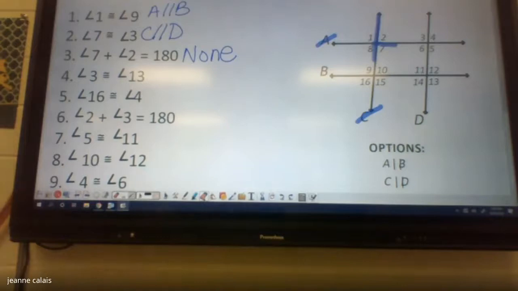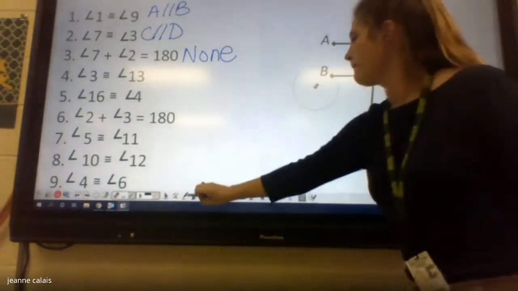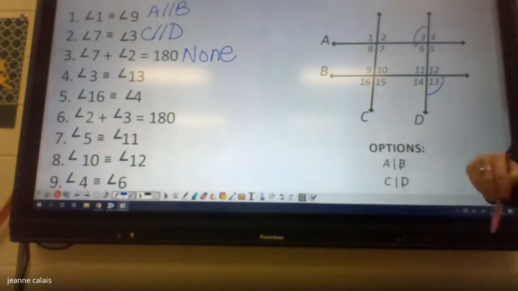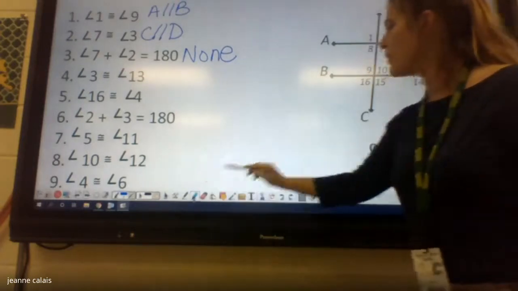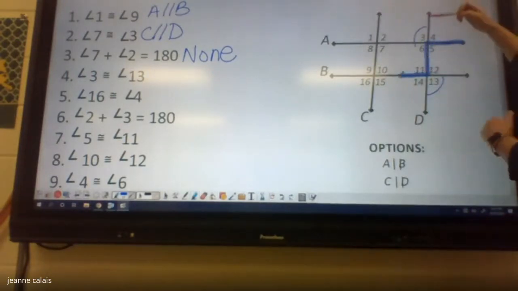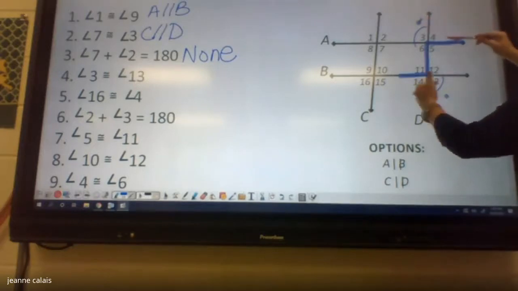All right, 3 and 13. 3 is congruent to 13. Which line does it have nothing to do with? It has nothing to do with line C. So here, as some students like to call it, it makes the Z, but it's outside the Z. They're on alternating sides of the transversal, and outside the two lines that are parallel.